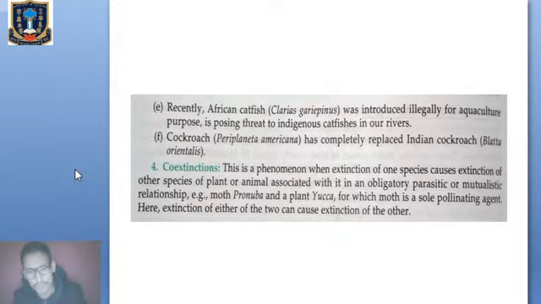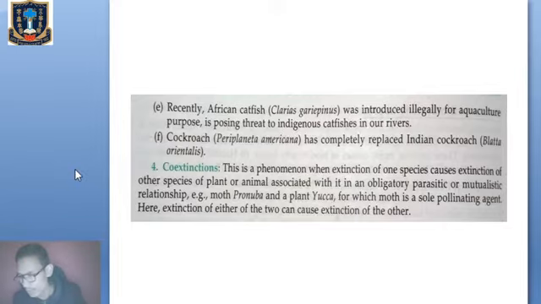The fourth one is called coextinction. This is a phenomenon where the extinction of one species also causes the extinction of another species of plants or animals, where they have a mutual association and both are mutually dependent. So if one of these species becomes extinct, it will surely impact the extinction of the other species also.